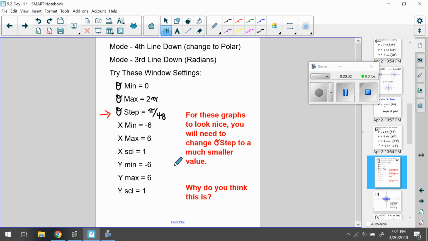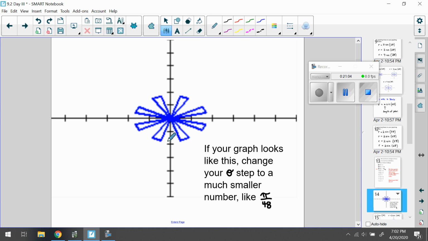What theta step is doing is telling your calculator what step it should take before it graphs the next point. Your calculator graphs point to point, and that step tells it how many angles to travel before it places the next point. And so sometimes if that step is too big, then when it connects the dots, it ends up looking more triangular or box shaped, more like a polygon like this.